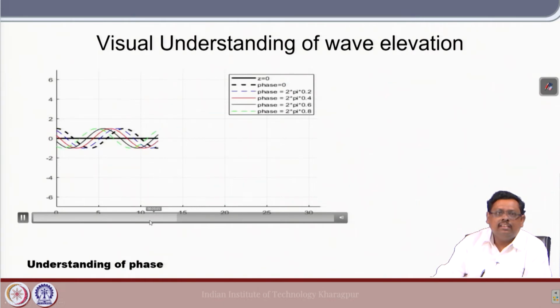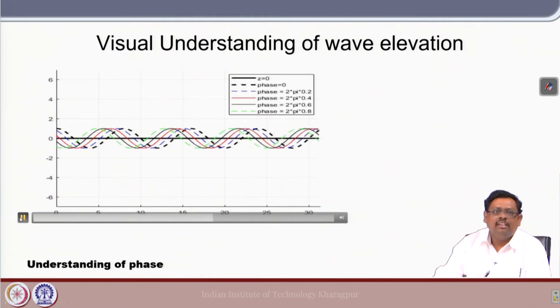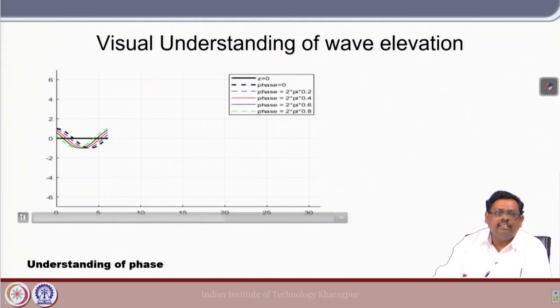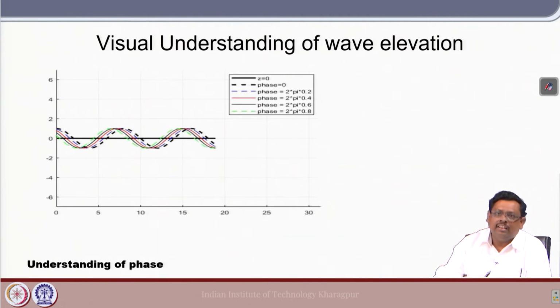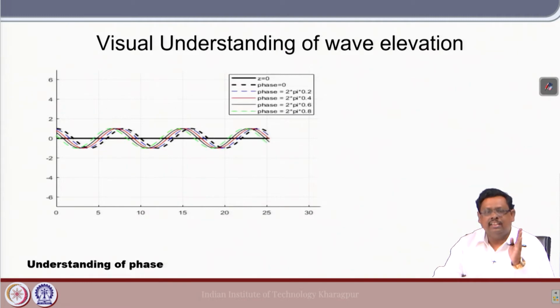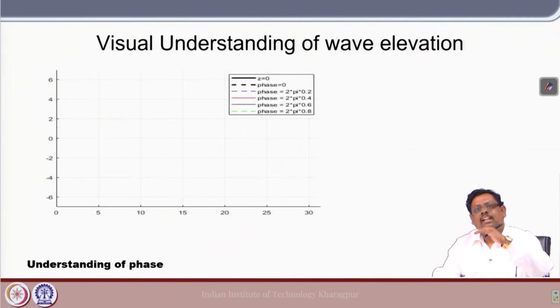Now, you can see the wave is propagating slowly. As we make the phases equal to 0, the wave is not propagating as such, it is like only a single motion.